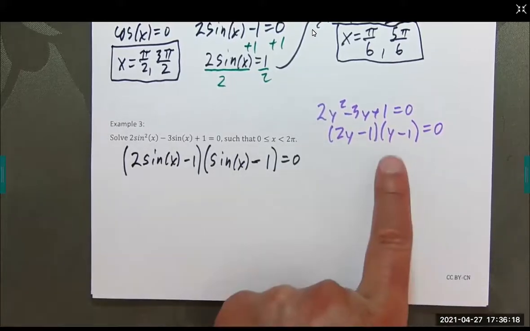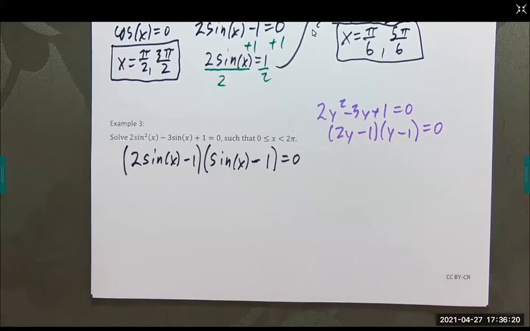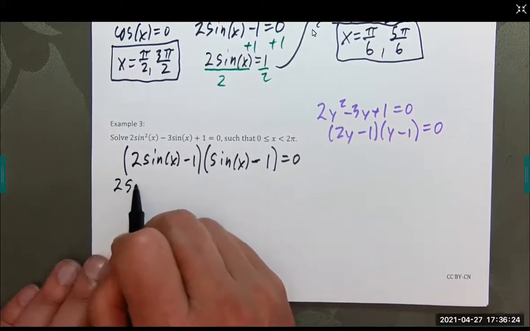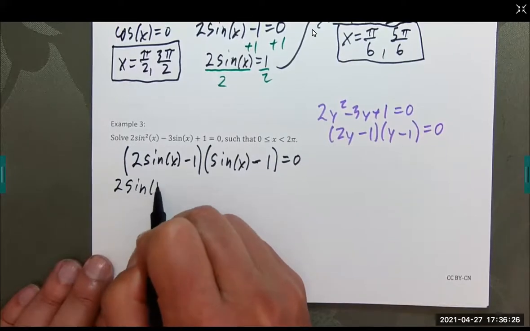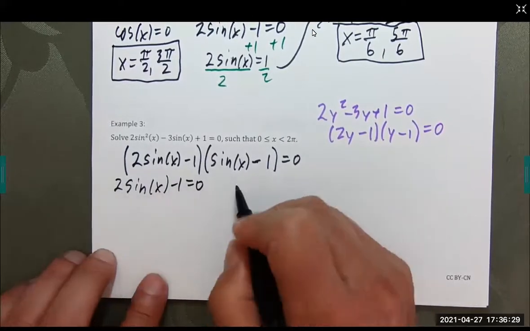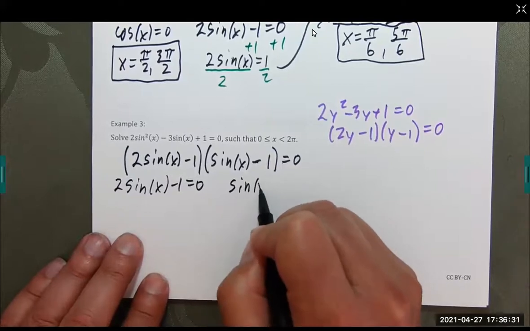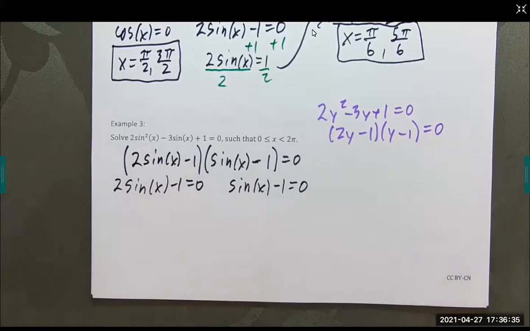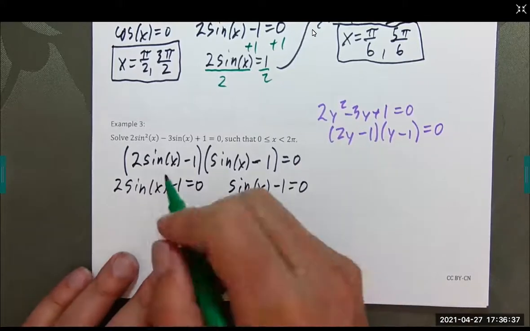And just like I would do with an algebraic equation, with this one, I'm going to set each piece equal to 0 again. And now I'm going to get the sine of x by itself.